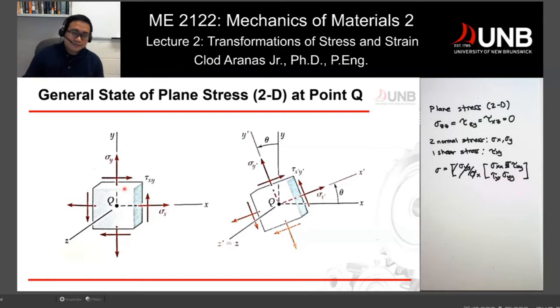So you can also have that stress tensor, but normally if you talk about the stress tensor, it's mostly talking about 3D, to be honest, because it's more practical to use it for the 3D state of stress.